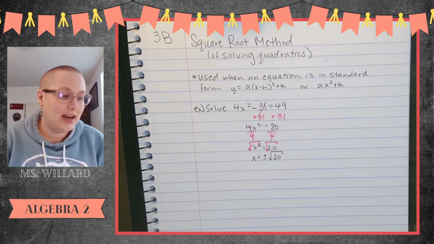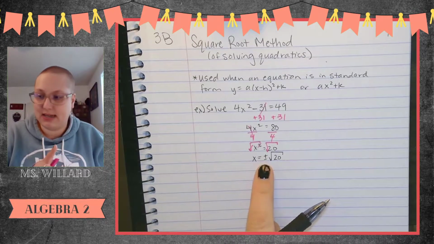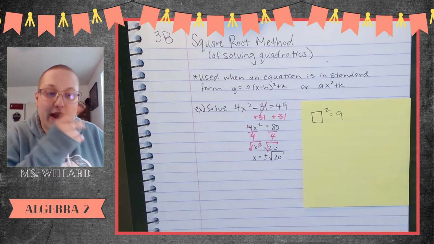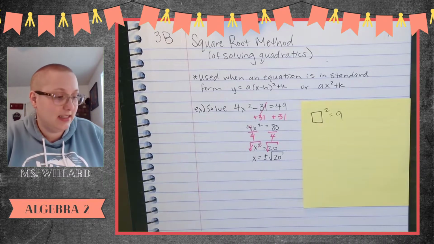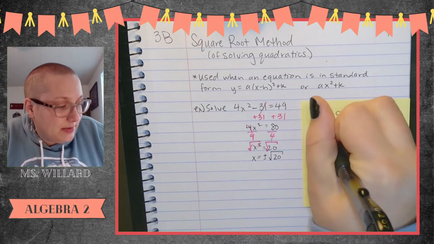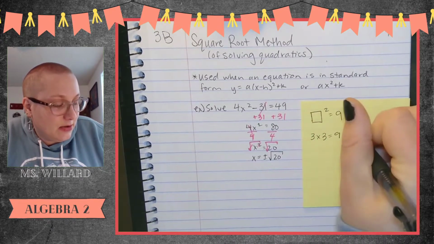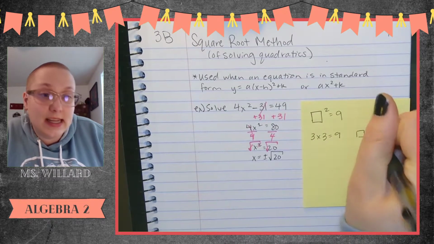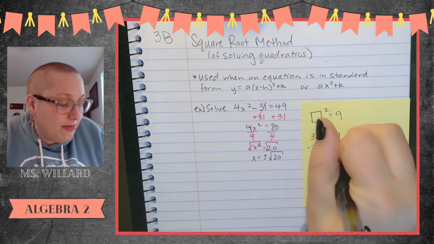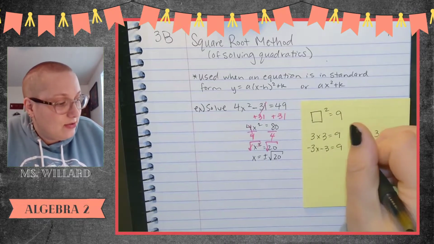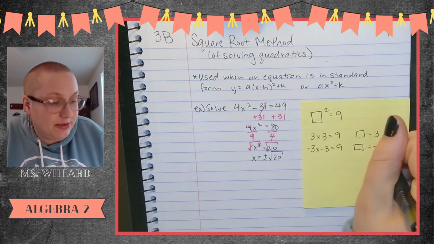Chill. It's plus and minus because when I have something squared equals 9, well, what squared equals 9? I know that 3 times 3 equals 9, so the box could be a 3. Or negative 3 times negative 3 equals positive 9, so the box could be negative 3.